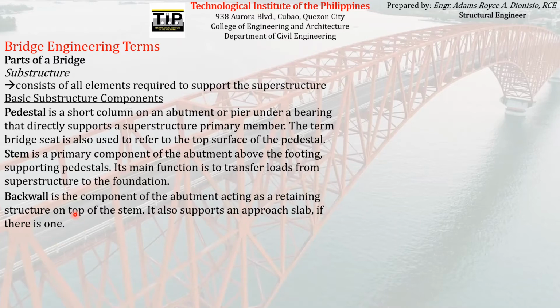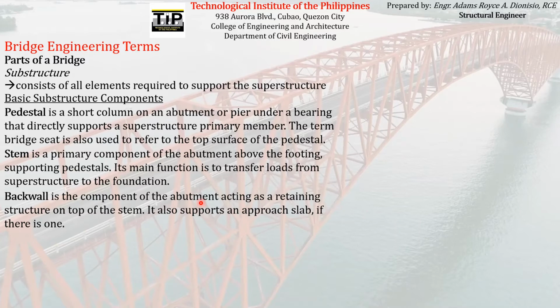Back wall is a component of the substructure that can only be found on the abutment. Again, I'll repeat, abutments can be found only in the beginning and in the end of a bridge. Abutments are usually used to retain the earth at the end and at the beginning of a bridge.